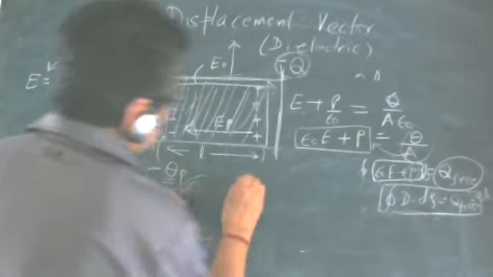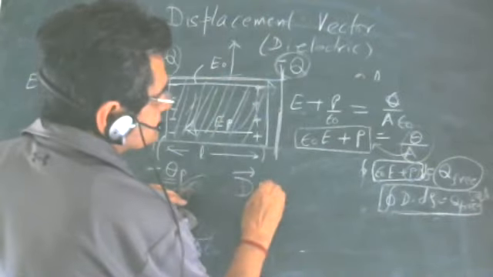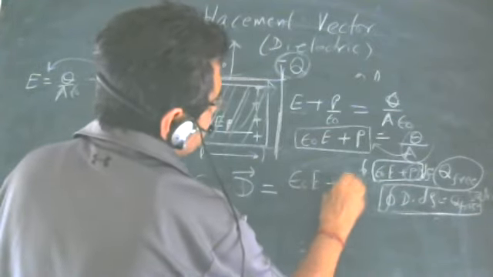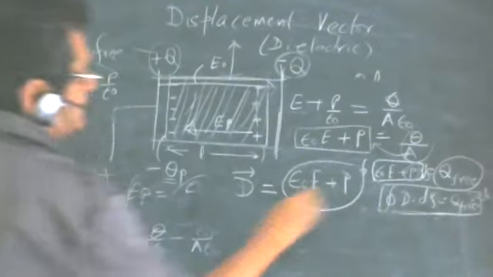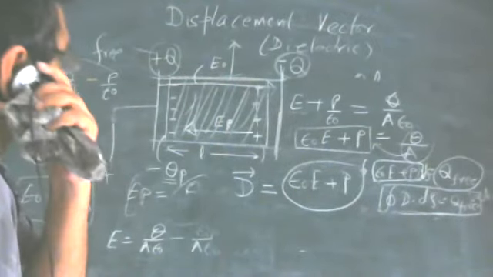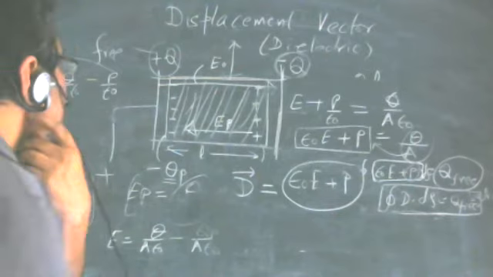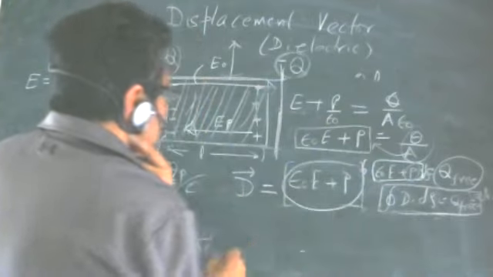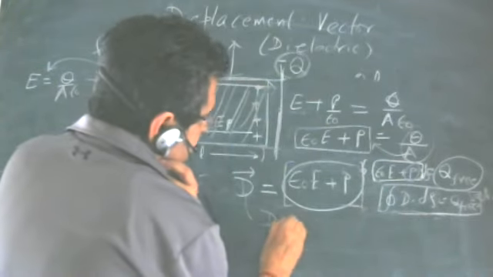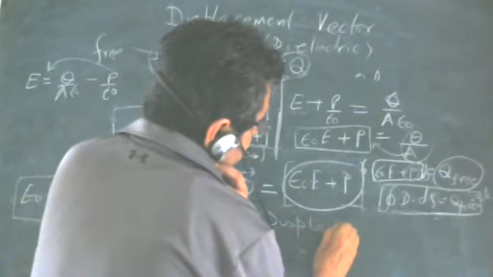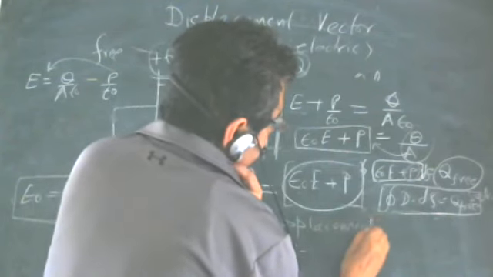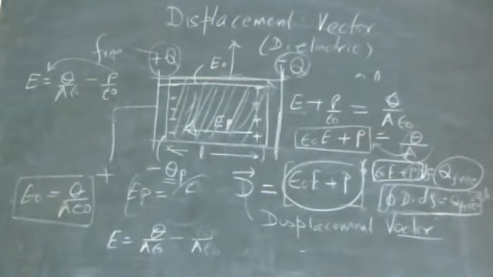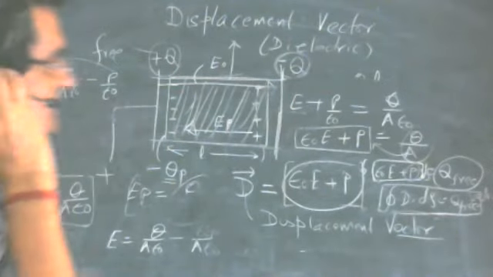D is in vector form, which is equal to epsilon0 E plus P. We have already taken the sign into consideration, so I am not writing the vector form again. So this is the value of the displacement vector for a dielectric. That is all for this lecture. Thank you.